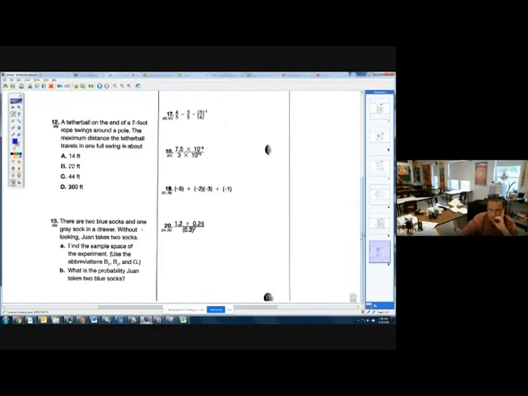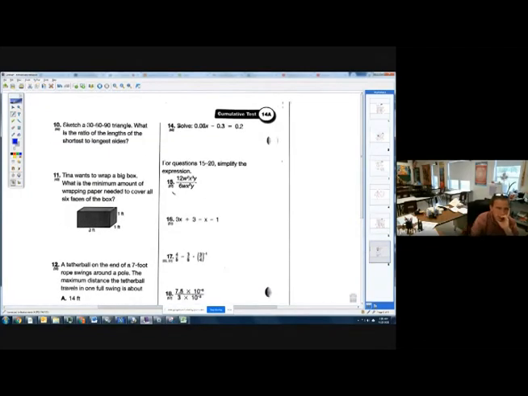We are almost halfway through. Number 10, and again, this is why you guys have notes, because you'll easily be able to do this. This is sketch the 30, 60, 90 triangle. This one you would have in your notes, and since I let you use notes, you'll be able to easily have it there. Remember, the ratios are this.